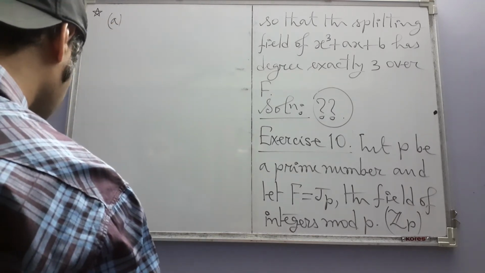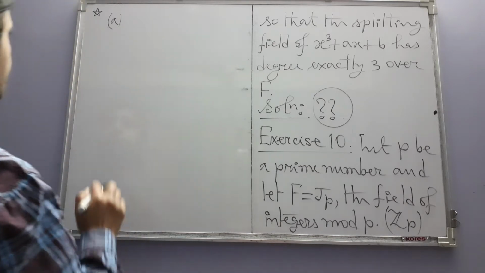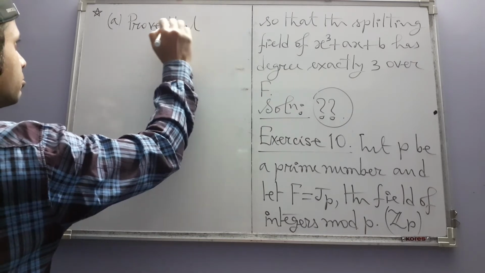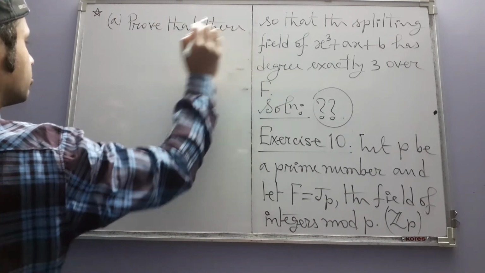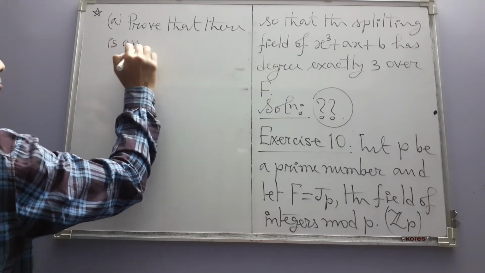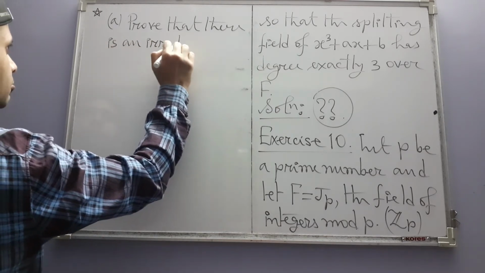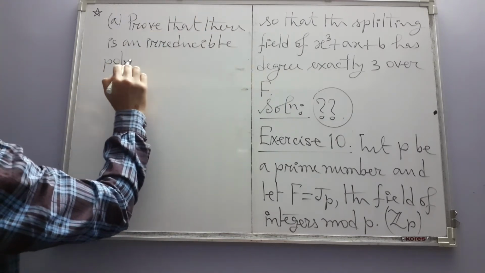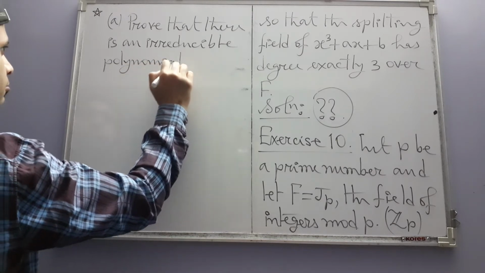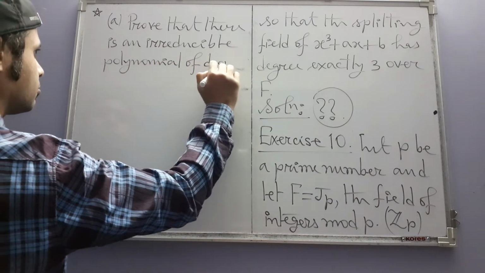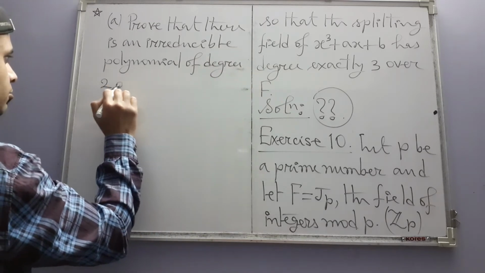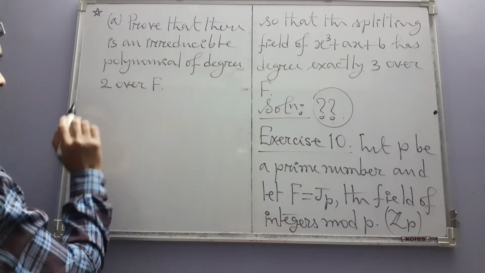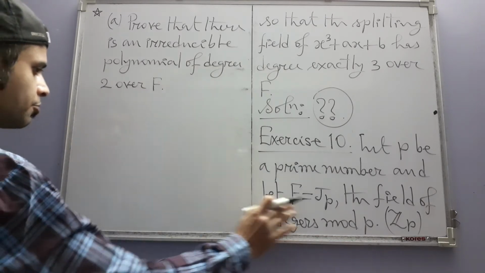Prove that there is an irreducible polynomial of degree 2 over F. That means a quadratic irreducible polynomial is always there, no matter what p is.